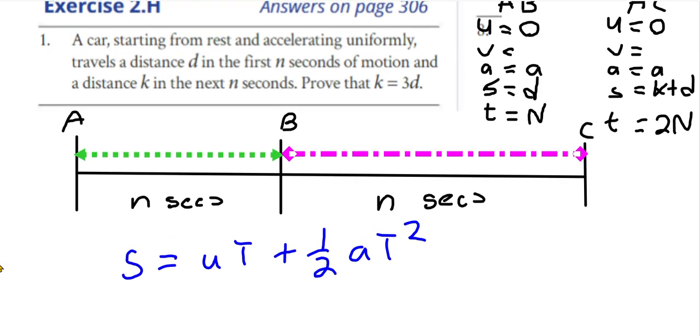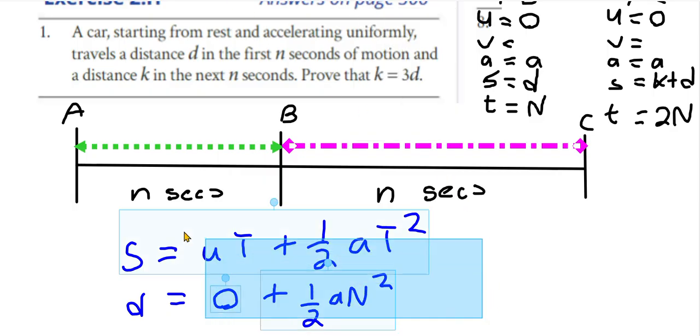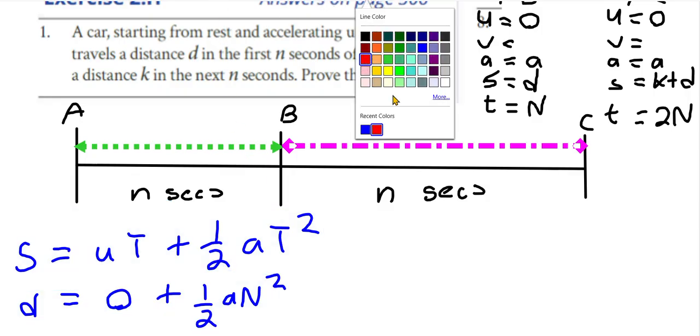So, S, which is going to be D, equals ut, which is 0, plus half at squared. So D equals a half a n squared. You okay with that? Now, we're going to move over and do D plus K. Move this over here. Now we're going to do data set 2 in red.